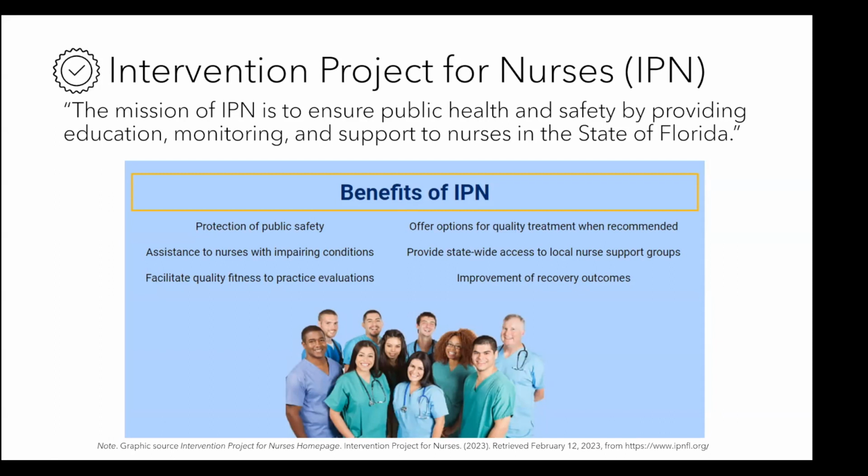So the nurse works with the IPN to engage in an individualized plan. Often this can require temporary leave, sometimes it doesn't. And when they return to work, there are at times worksite monitors to ensure safety, but sometimes monitoring isn't required.